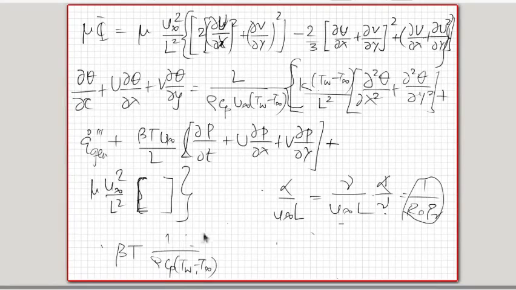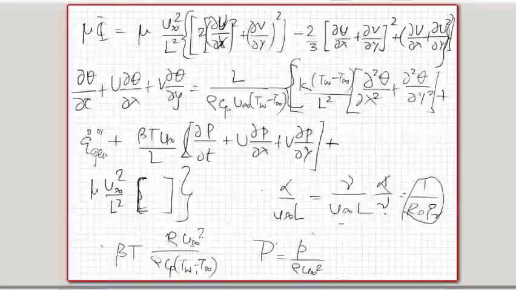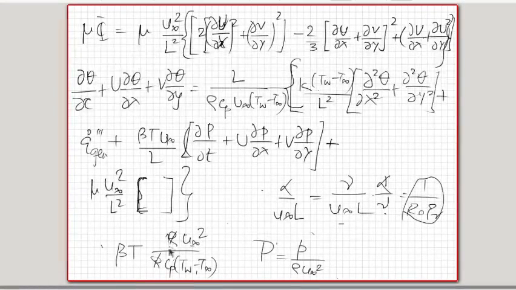Okay. So now here you have a dimensional pressure. If I have to non-dimensionalize the pressure, I'll normalize it. So if I write capital P is equal to p divided by rho U infinity squared, then there will be a rho U infinity squared that will come here. So the rho would get cancelled out.